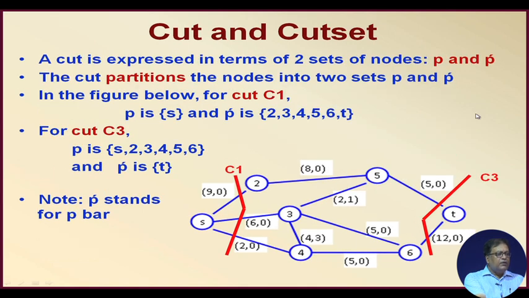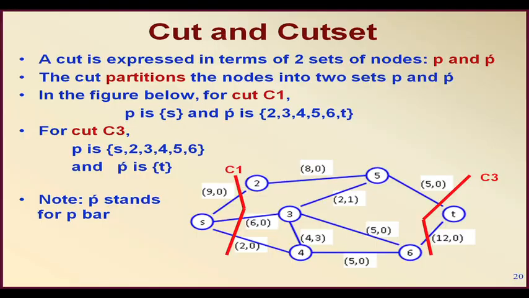Now comes a very important concept, that is the capacity of a cut. To express the capacity of a cut, we need to know what a cut does. The cut partitions the nodes into two sets. What are those two sets? P and P bar.